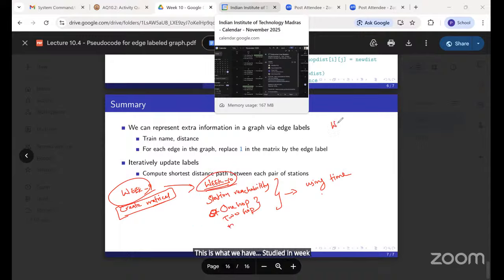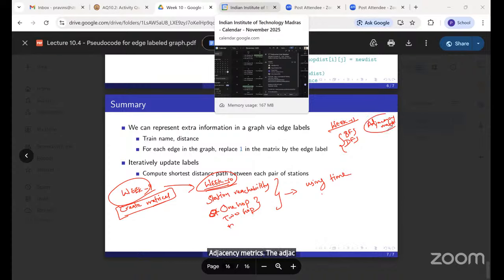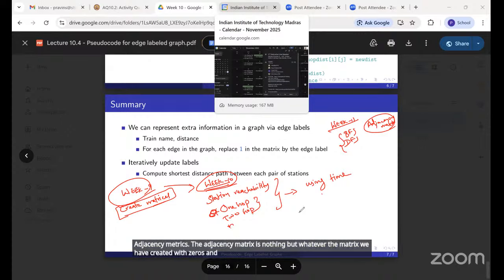But in week 11 and 12, you will be studying BFS, DFS, all these things will be there. And similarly, the adjacency matrix will also be there. The adjacency matrix is nothing but the matrix we created with zeros and ones, or where between station A to B there is some distance.